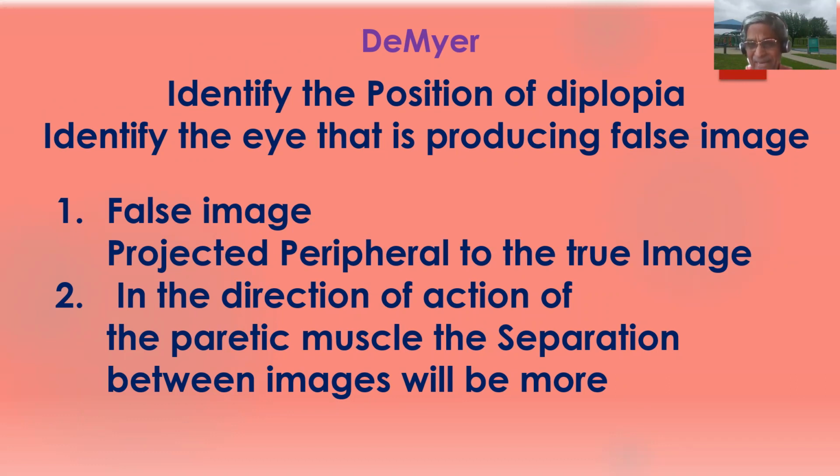The muscle is paralyzed and not able to work in that area, so maximum separation will be there between the real and the false image. Important point: the false image is always away, and the maximum separation will be in the direction of the action of the muscle. These two things, never forget.